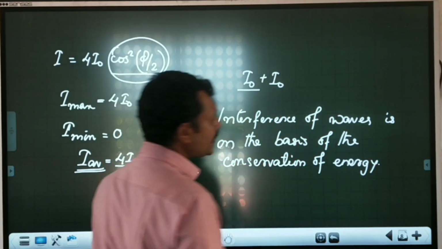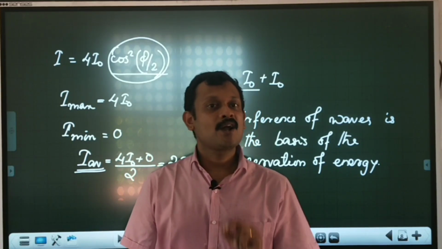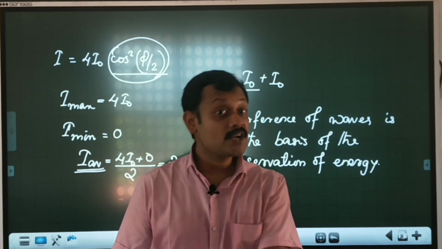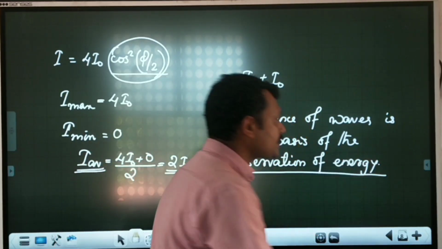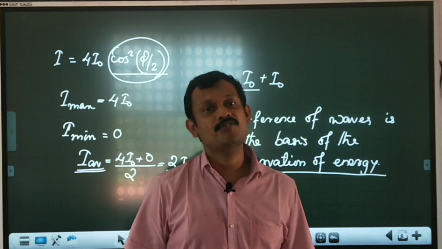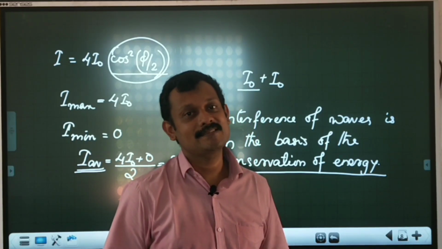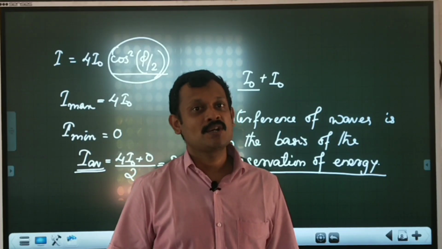The interference of waves is on the basis of the conservation of energy. So in interference, energy is always conserved. In interference of waves, what you have to understand is that the energy of the wave is always conserved.